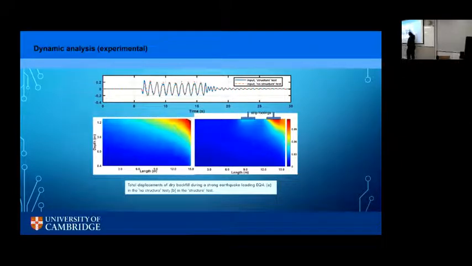And when I put the foundation in, it makes it quite a bit worse under the right-hand side of the footing. But on the left-hand side, it's much smaller. Not only that, it's stopping these deformations going all the way back to a large distance. So it seems by putting the structure in, we made the problem worse right underneath the right footing, but under the left footing, we improved it.